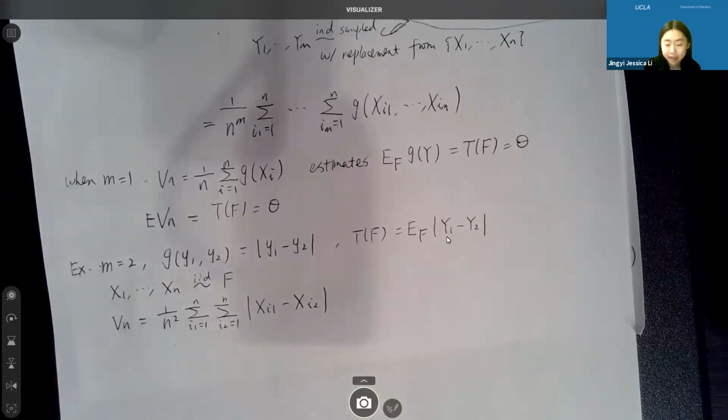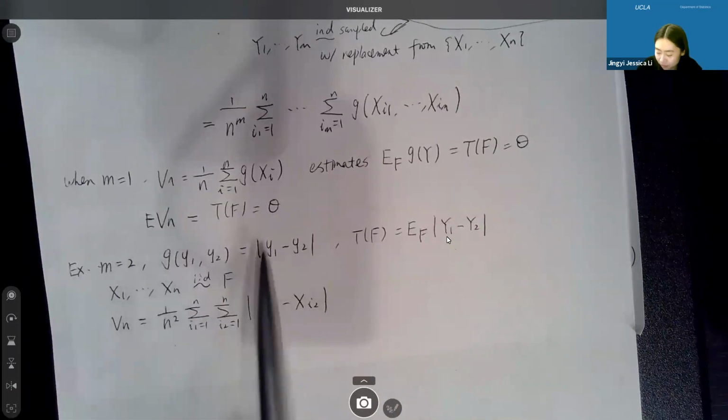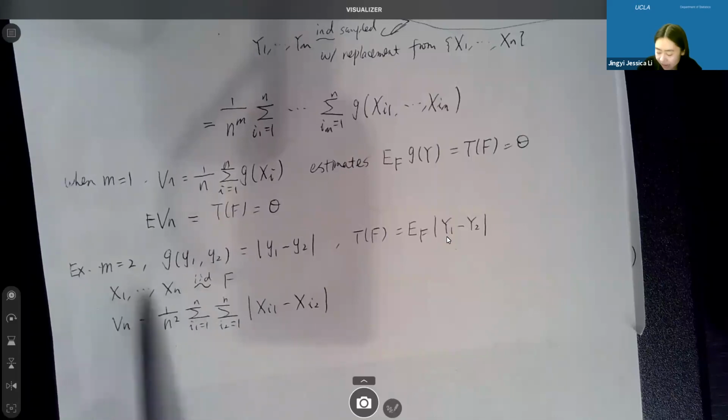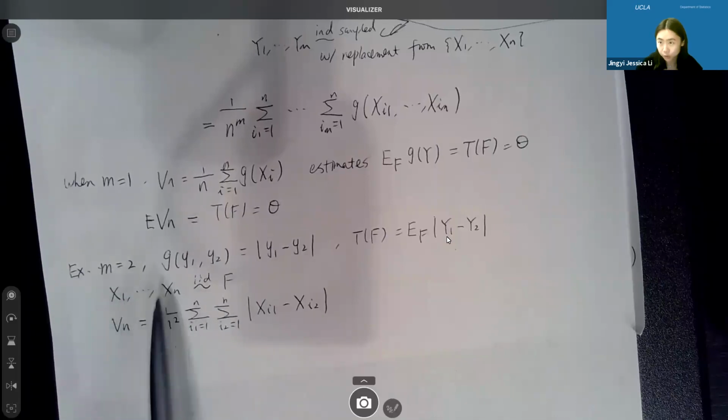Okay. And think about what possibilities this can take. For how many cases are x_i1 and x_i2 not equal to each other? From my n items, x1 to xn, I'm going to pick two different ones. And here, for x_i1 and x_i2, I can consider the two orders.